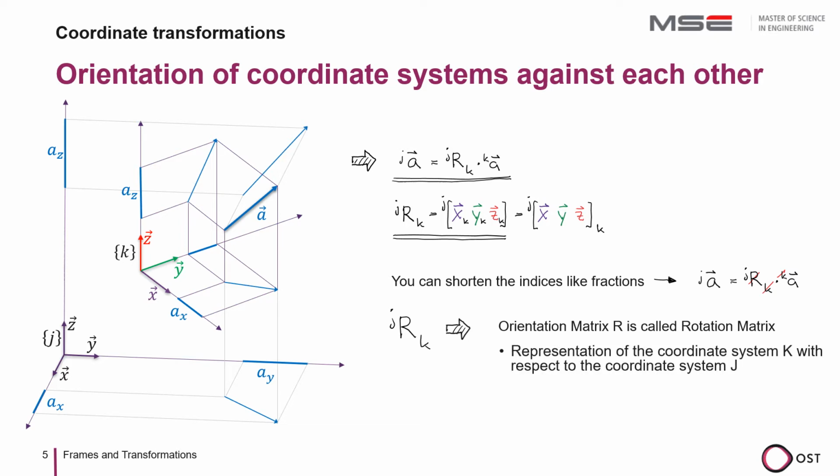Representation of coordinate system K with respect to the coordinate system J. Representation of K in J. Orientation matrix. Rotation from J to K. Rotation matrix. Since the last two versions are common and short, I will use them as well, even if they are not quite fitting in this context.